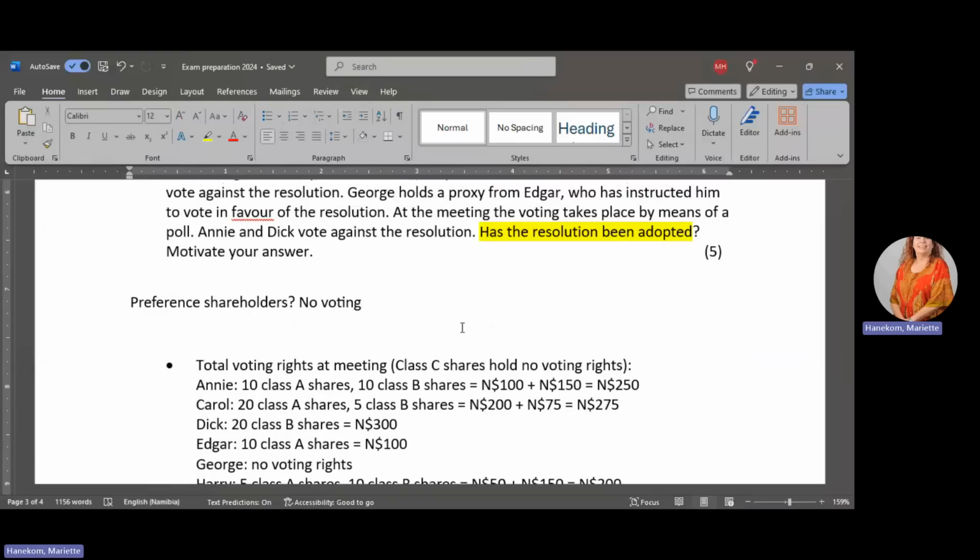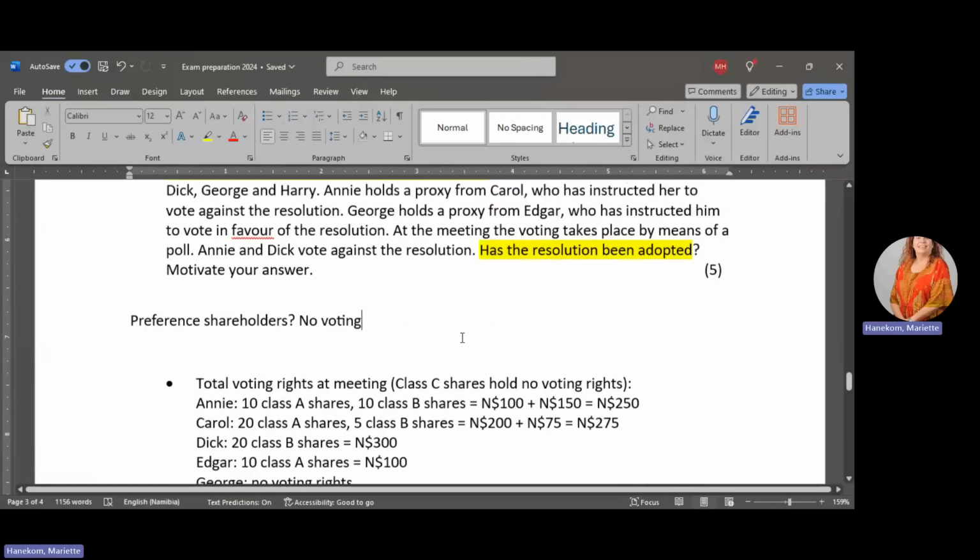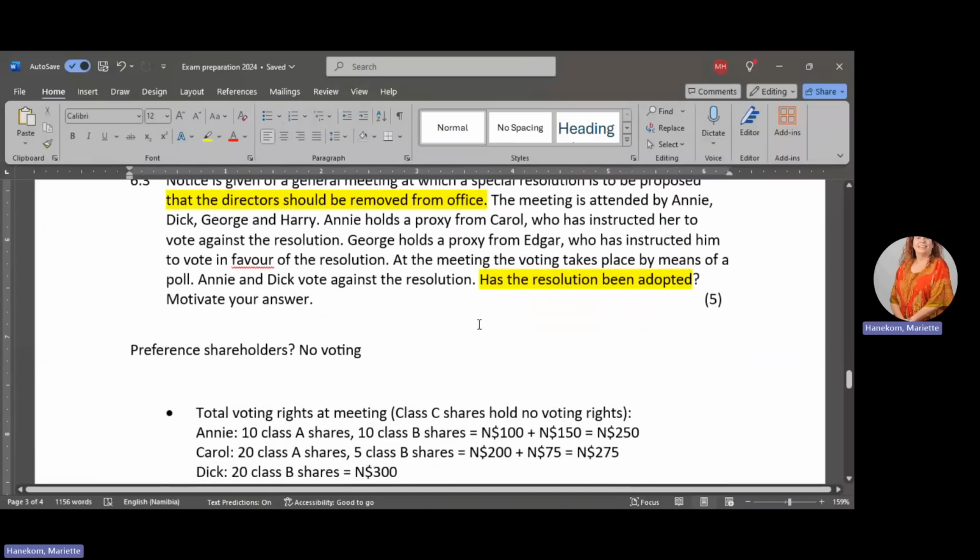In this instance, we are only looking at the voting. I didn't give you any information about notices that were given. So that's not relevant. Don't say it hasn't been adopted because there was no proper notice. You don't know that. Don't make up your own facts.